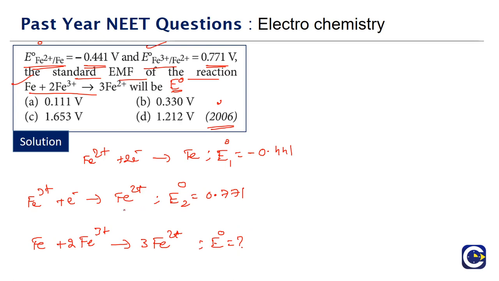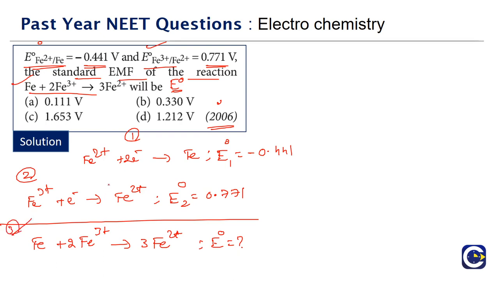So this is our first equation, this is the second equation. How do we arrange them so that we will get the third equation, which is our unknown?